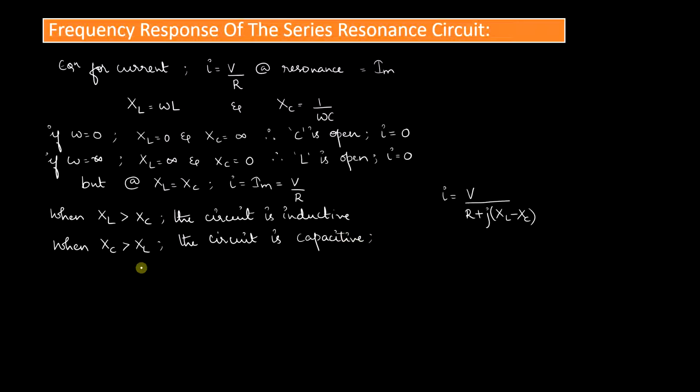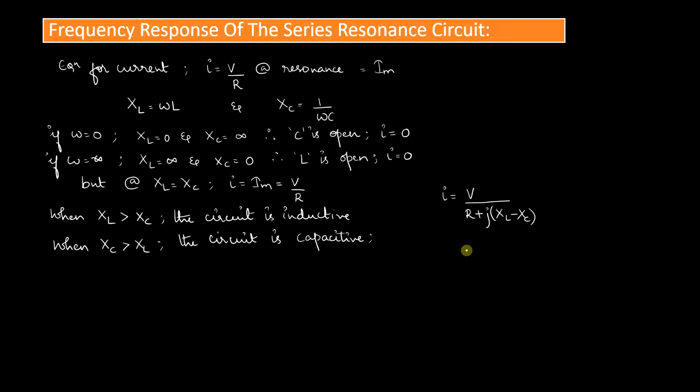Now, before we get into the graph, I said we need to analyze what happens when XL is greater than XC and what happens when XL is less than XC. So for that, let us write the expression for the reactances XL and XC.